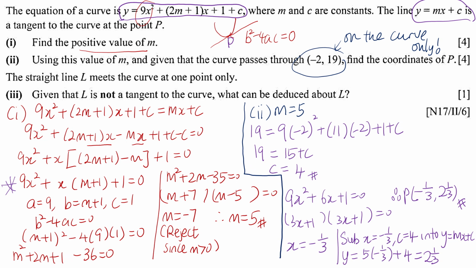Okay, so for part 3, you're told that L is not a tangent to the curve. If it's not a tangent to the curve, what can you deduce about L? What sort of line will intersect the curve at only one point?